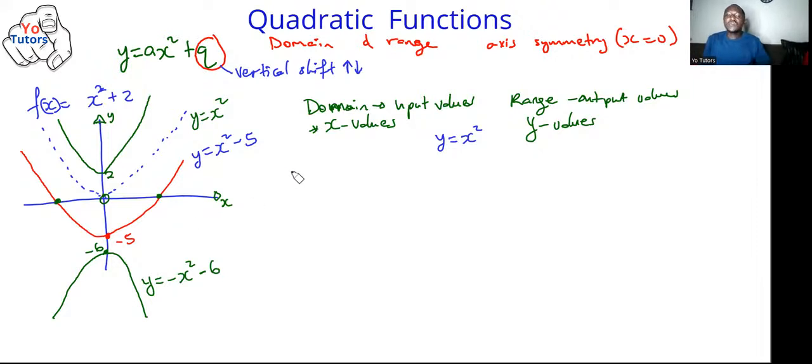That's what is happening here. So we can just say x is an element of the real numbers. Or we can say x occupies negative infinity to positive infinity. What about the range?